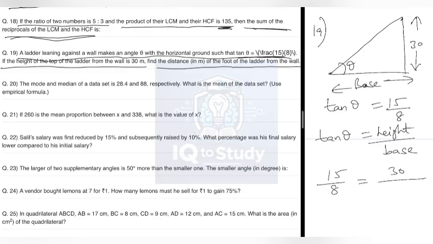We know that tan theta is 15/8 and height is 30, and we have to find the base, which means base is equal to 8 into 30/15, which is equal to 16 meters. So the distance of the foot of the ladder from the wall is 16 meters.